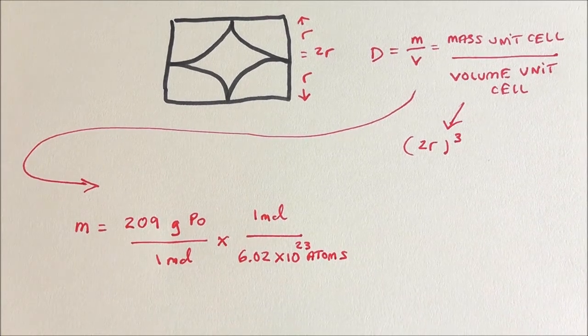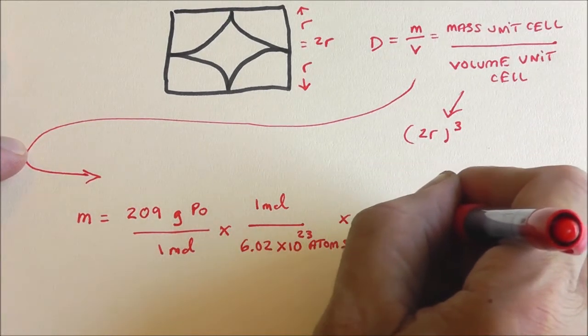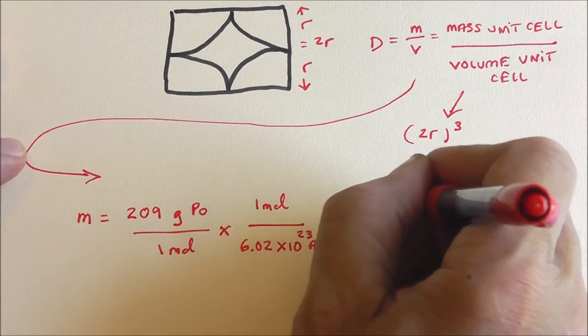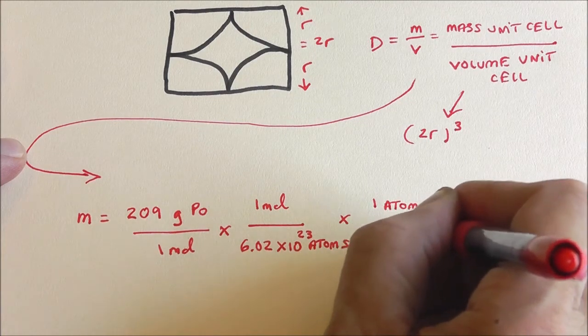So if we stopped right there, that would be the number of grams per atom. And actually, we could stop right there. But I'm going to do a little bit of housekeeping here, because we're going to do more than just simple cubic. There is 1 atom per 1 unit cell.